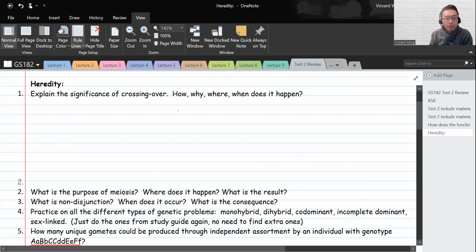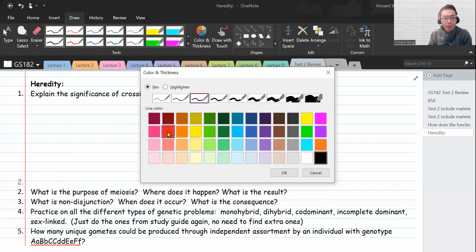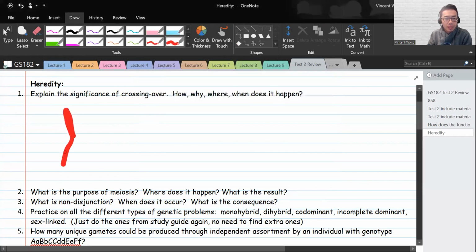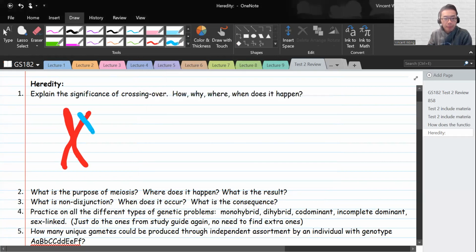How does it happen? Well, you remember, right? We have the homologous chromosomes coming together to form a tetrad. Okay, so this is called a tetrad.